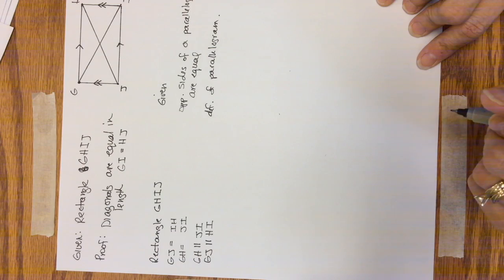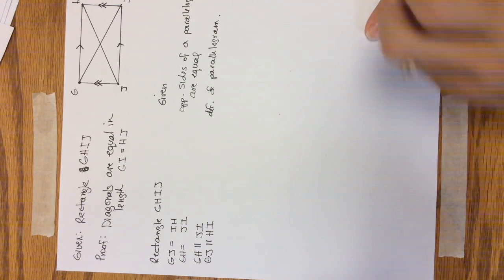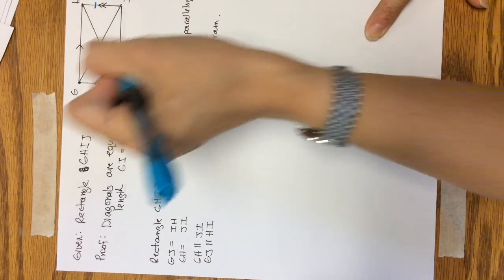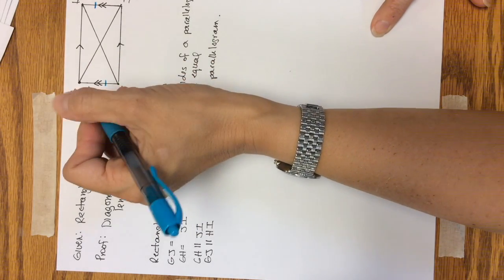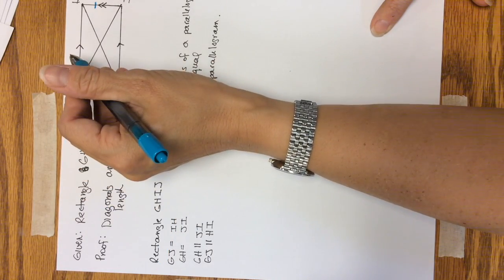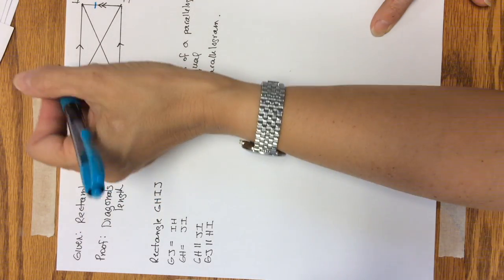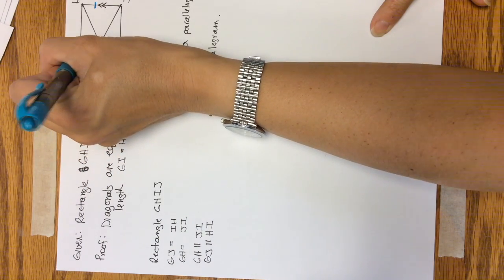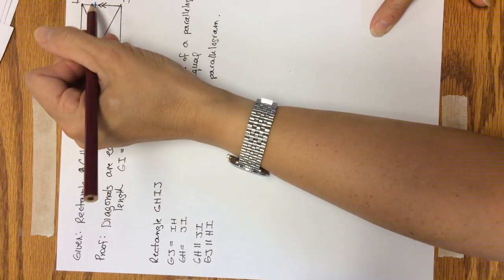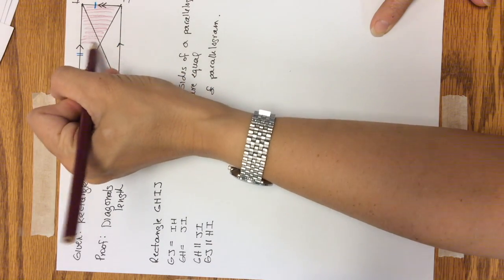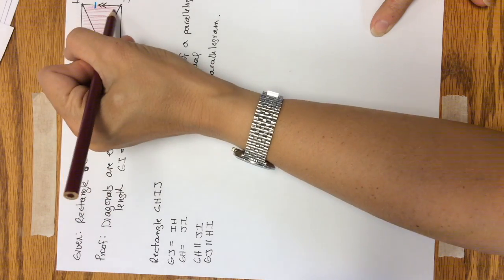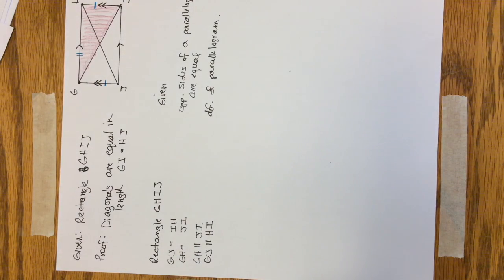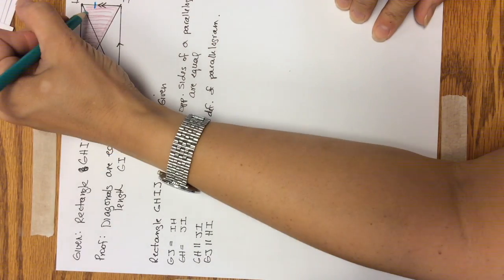All right, so GJ is equal to IH. And let's go ahead and go to GH is equal to HG, because these are the triangles I'm working with. I'm going for this one because I need the whole diagonal. Let me grab another colored pencil. And this one.